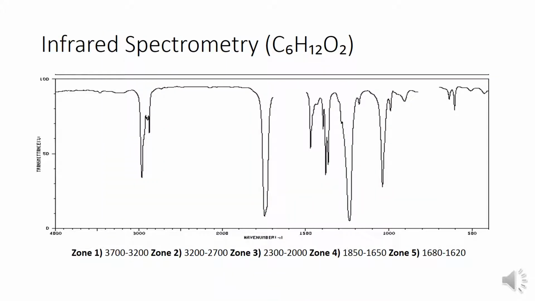We have this figure here that has wave number over transmittance, and we're typically going to have 5 zones which each has its own functional groups associated with it. So zone 1 starts from 3700 to 3200, so we're going to go from here to here, and it's going to be zone 1.